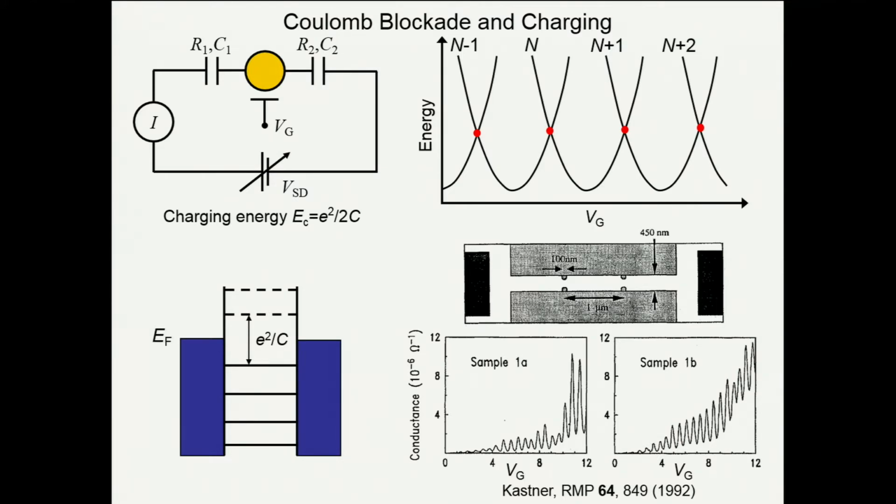So there's another way to look at the physics of a dot, and we'll use energy level diagrams like this throughout the lectures. But here's our source electrode. It's 2-dimensional. It's filled up with electrons up to the Fermi level. Here's the drain electrode. It's 2-dimensional. It's filled up with electrons to the Fermi level. And here's our quantum dot. Our quantum dot is 0D.